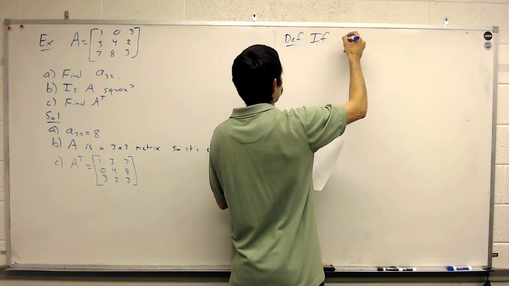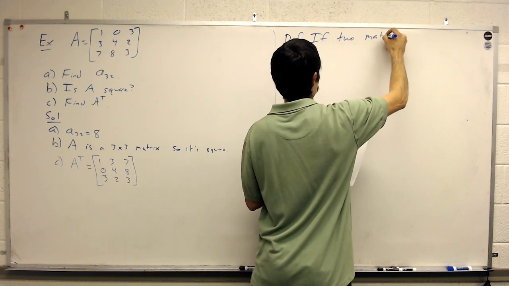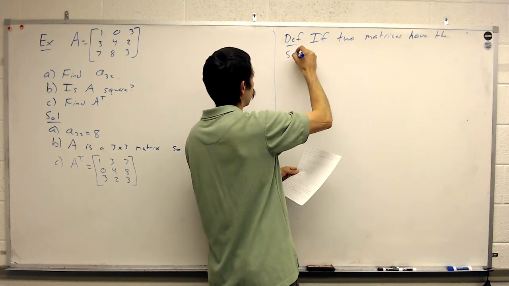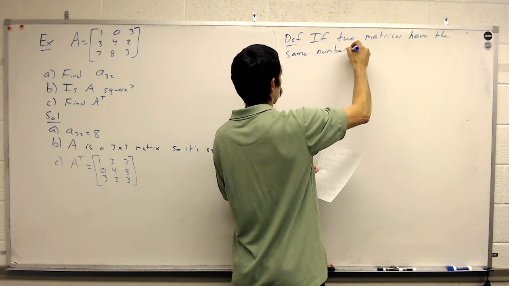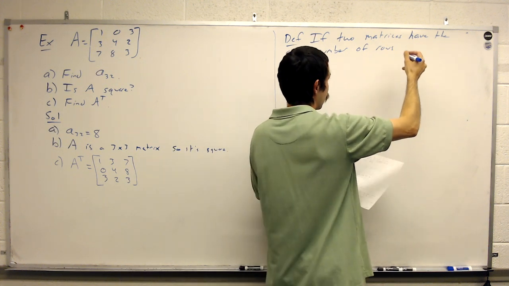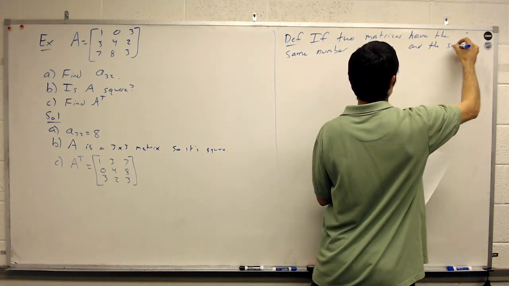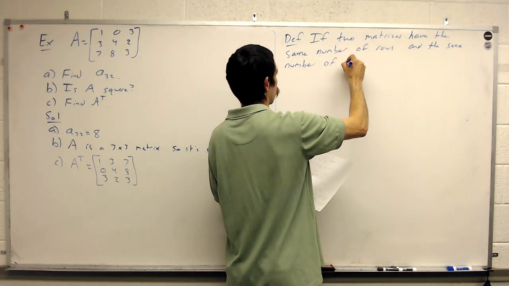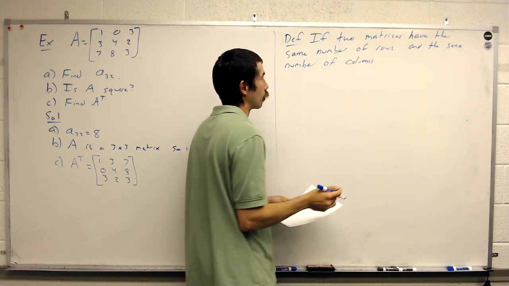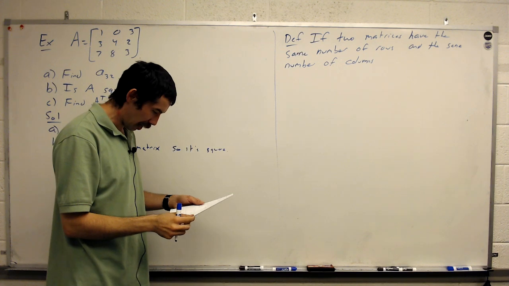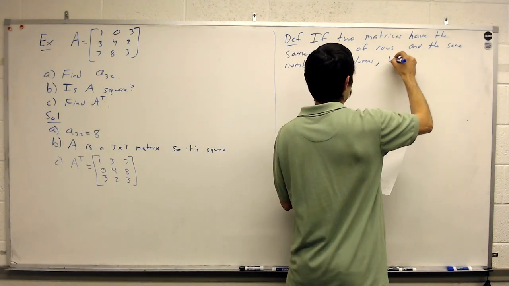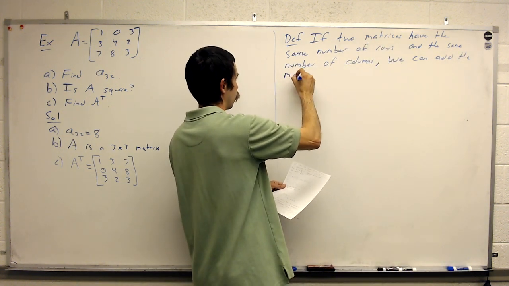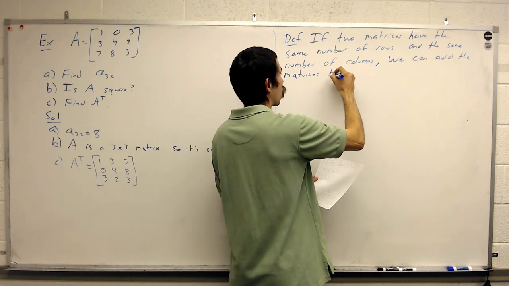So if two matrices have the same number of rows and the same number of columns, all right, so if two matrices have the same number of rows and they have the same number of columns, we could add the matrices by adding their corresponding values.